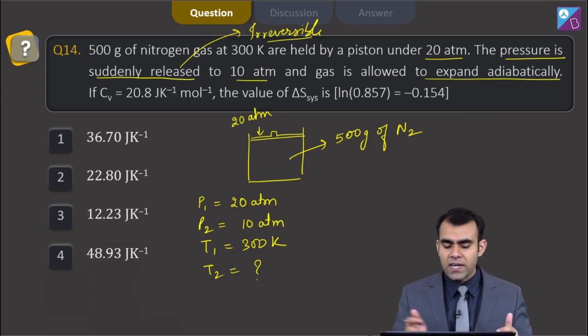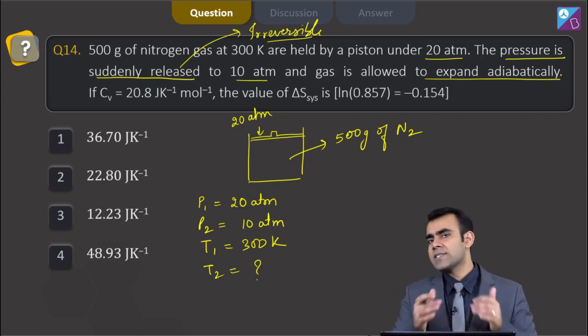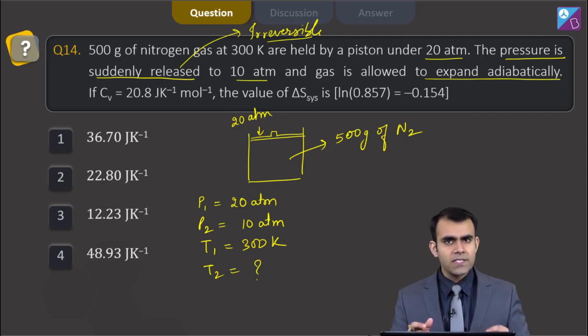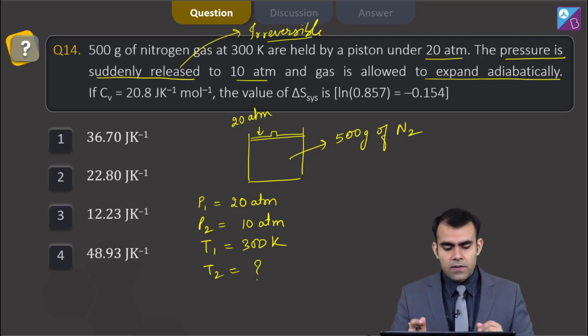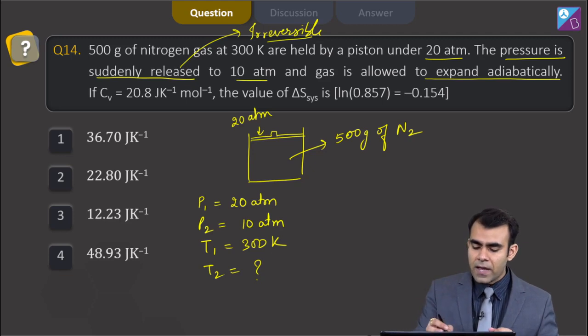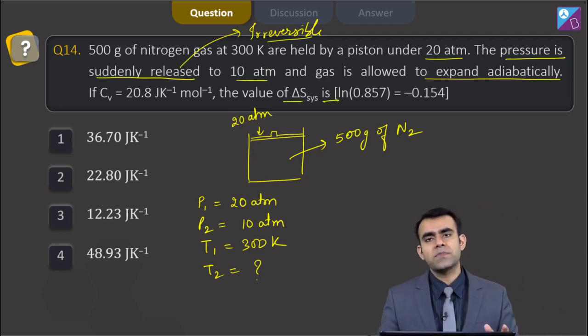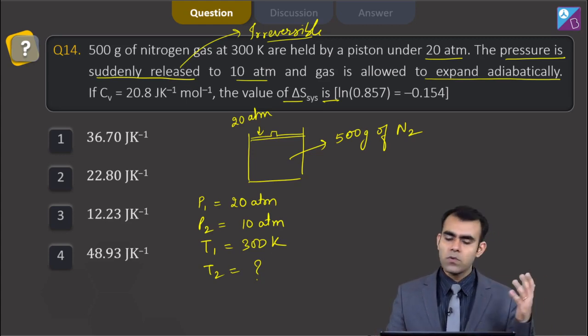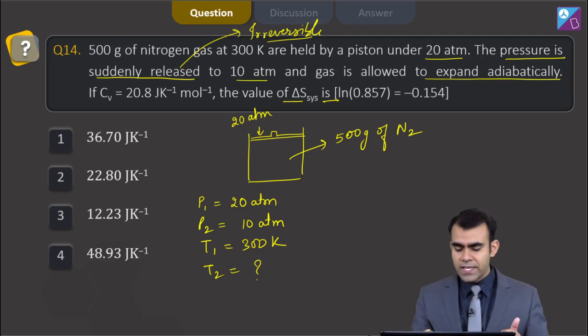So the final temperature is obviously lesser than 300 Kelvin, but how to calculate it? That is our first task. Then we have to calculate delta S system, the entropy change of my system for this process. So let's begin solving this.